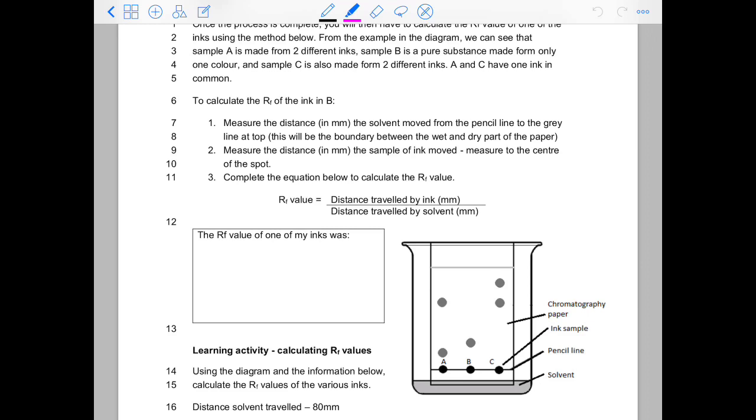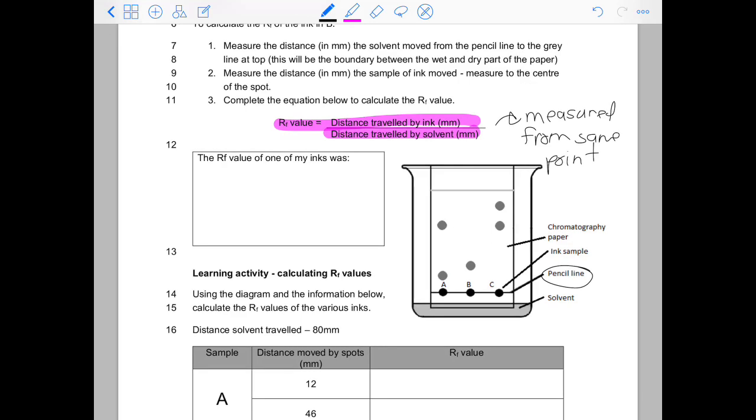So our RF value, the formula for that is the distance traveled by the ink divided by the distance traveled by the solvent. Something to keep in mind is they need to be measured from the same point. So in this example, it will be from the pencil line in the diagram.